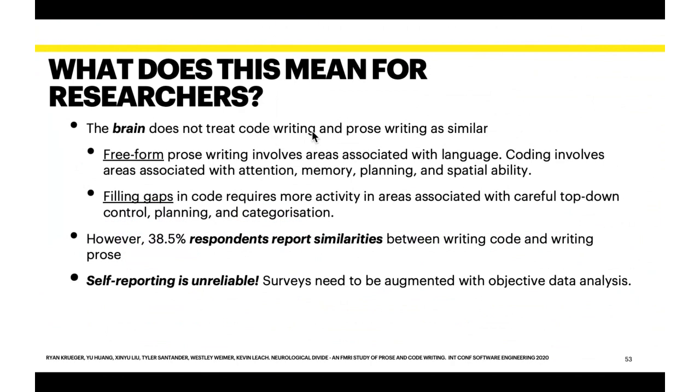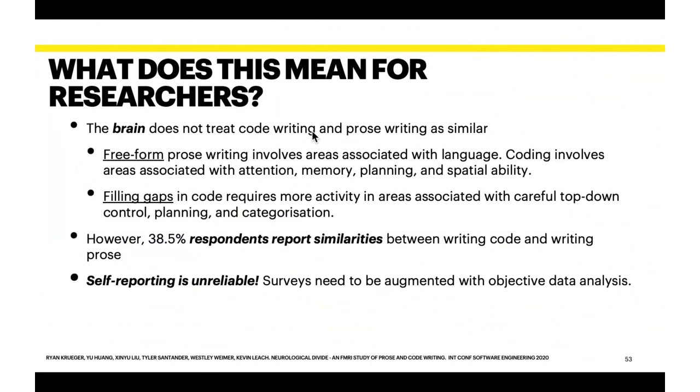If they want to understand how people write code, it is not enough to base the analysis on surveys, and we need to augment it with some kind of objective data analysis, such as an fMRI scanner.